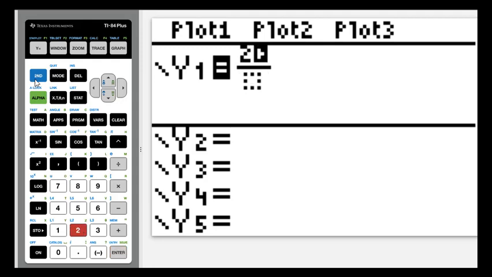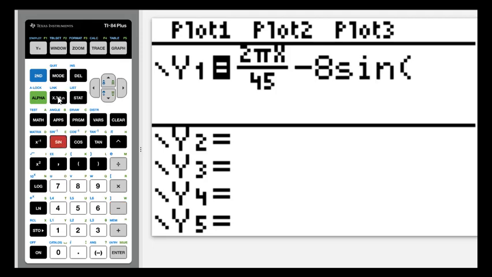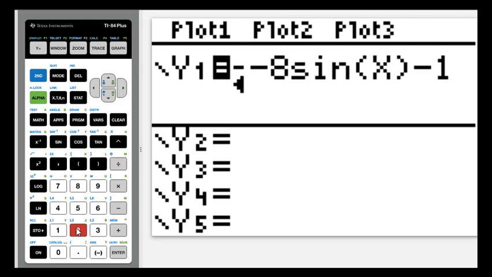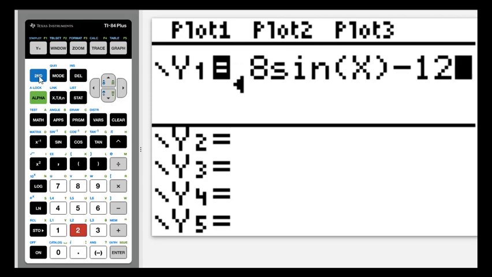Then 2 pi x over 45. Remember, for every variable, you need to change it into x when you use the graphing calculator to get the solution. Then minus 8 sine x. Then minus 12. Then we go to quit.